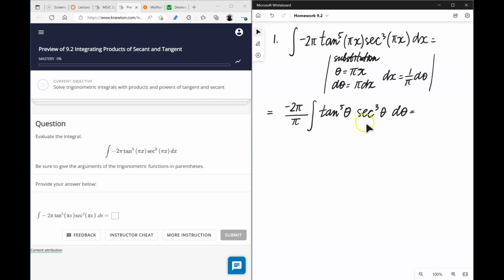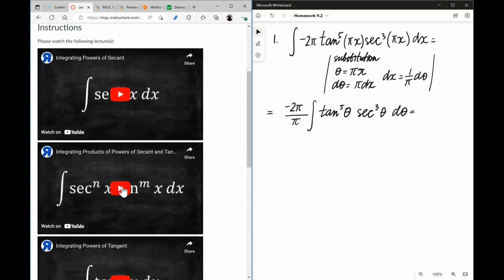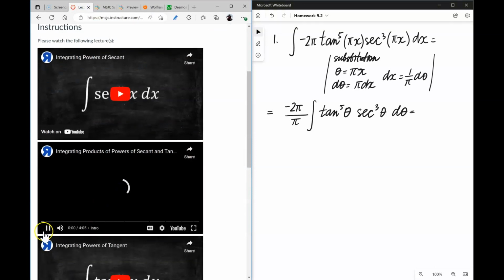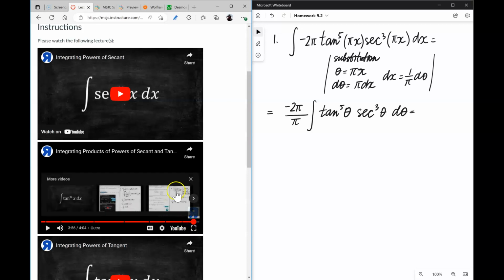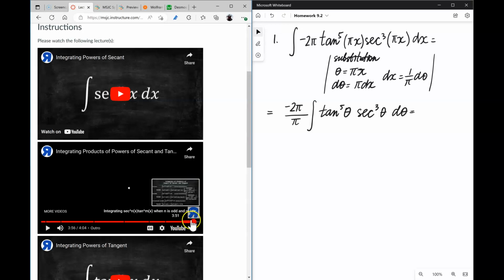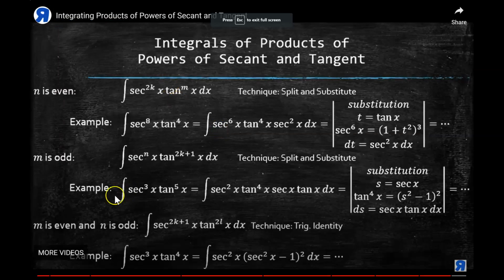Now, to integrate this type of product, let's go back over here and review this lecture real quick. This will give us everything we need to know. I'm going to maximize it real quick, just so we can see it. What matters here is whether the powers are even or odd.